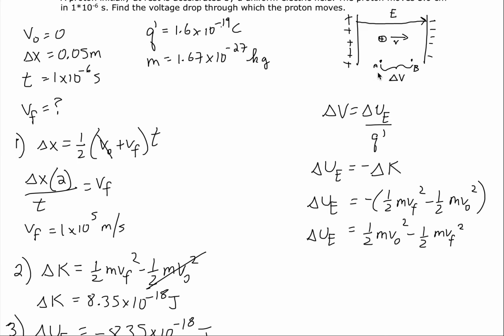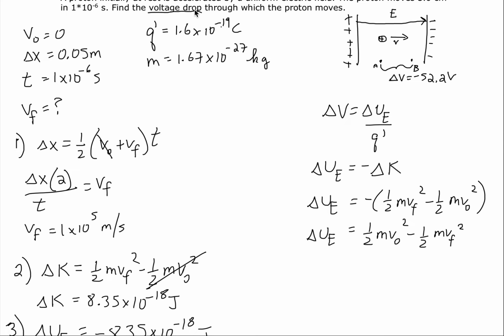So that means that if this point here were at 52.2 volts, then that means that this point here would be at 0 volts because you're dropping 52.2 volts. As far as what the question is asking, it's asking what is this voltage drop through which it moves.